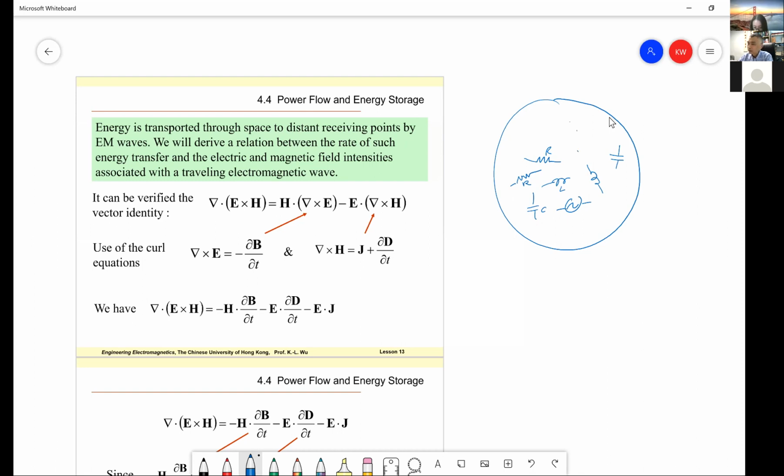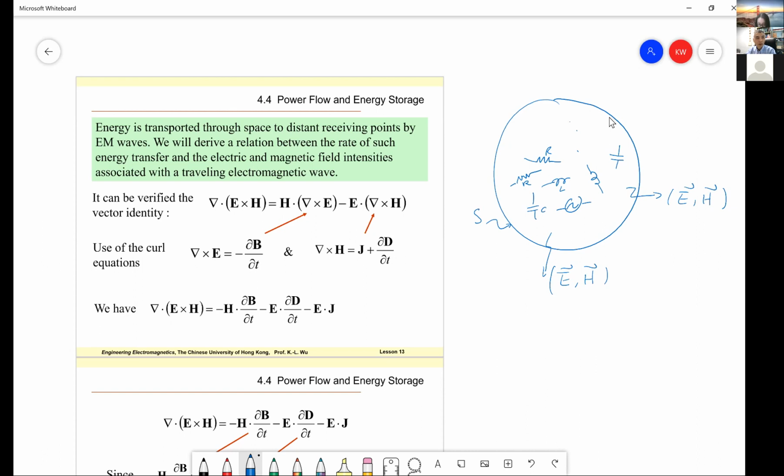Besides, you still also have energy going out. Let me put, this is in the form of electromagnetic waves. Then you can collect all the energy going out of this surface.